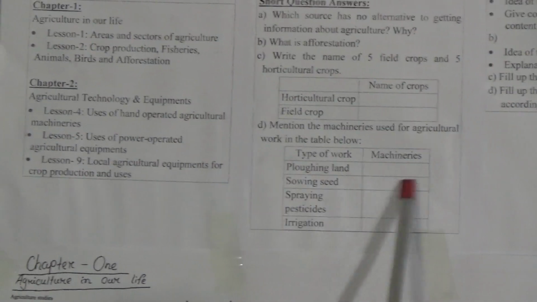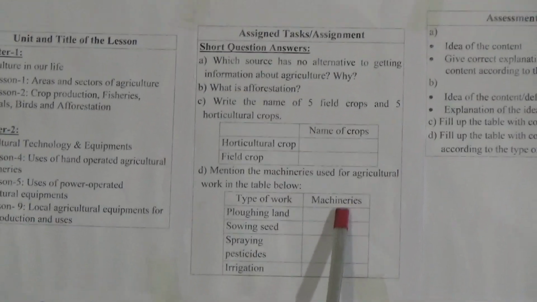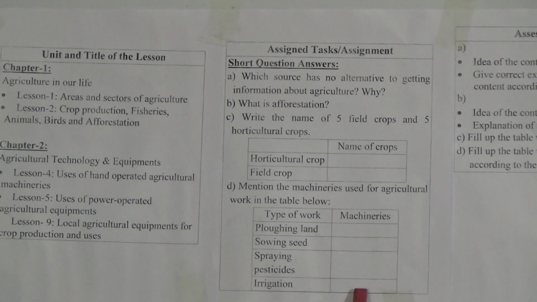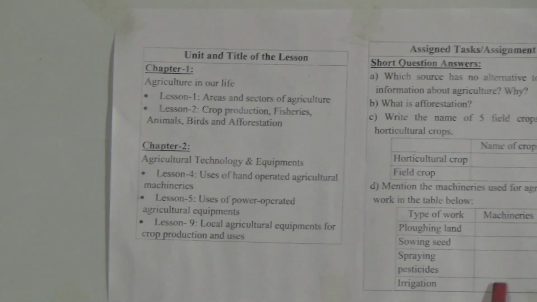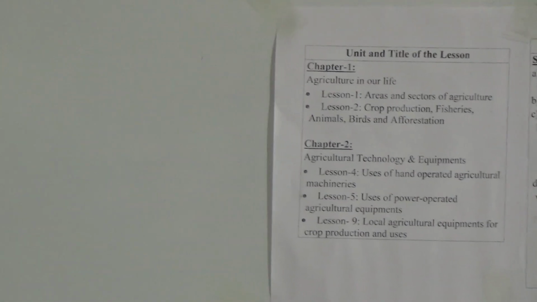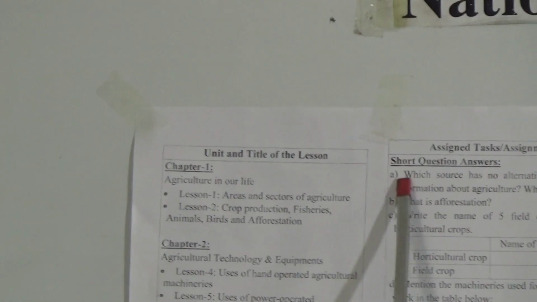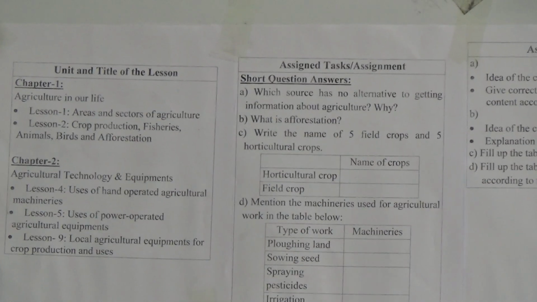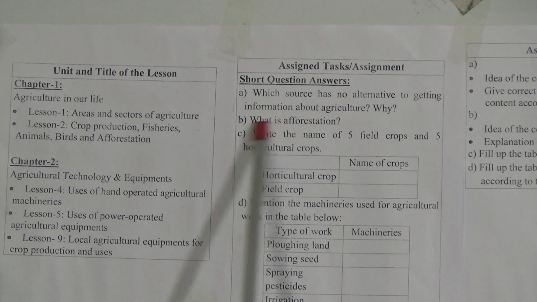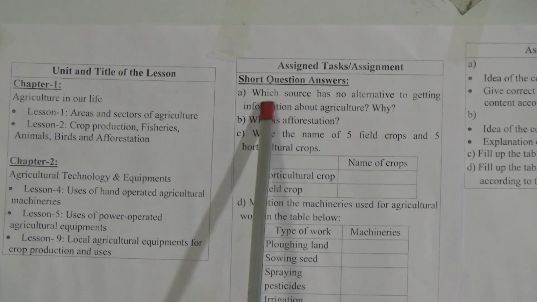So here you have to write only the names of the machineries. No need to write any discussion about them, as these are short questions. And for the first 2 questions, these are short questions, so it should not be more than 1 page.